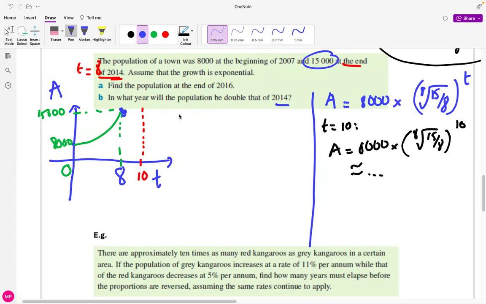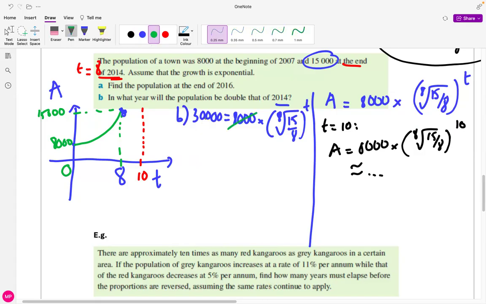So double 15,000 is 30,000. So you have 30,000 equal to, that's the A value here, and you let the whole equation equal 8,000 times the 8th root of 15 over 8 to the power of t. And basically you're just solving for t from here.